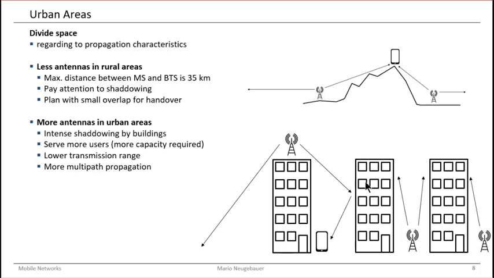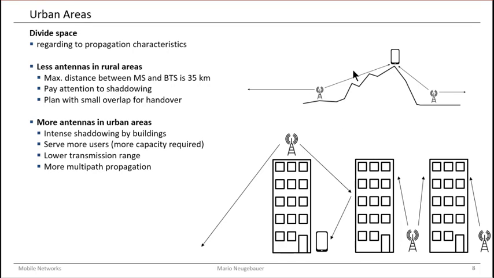So if we look into such urban areas compared to the rural areas, we see that we have much more shadowing by buildings, and at the same time, in the buildings you have more apartments and more offices, and therewith you need to serve significantly more users than in the rural area.